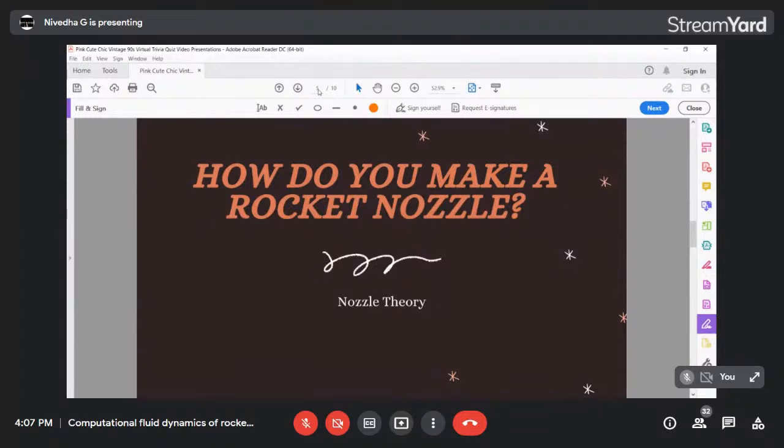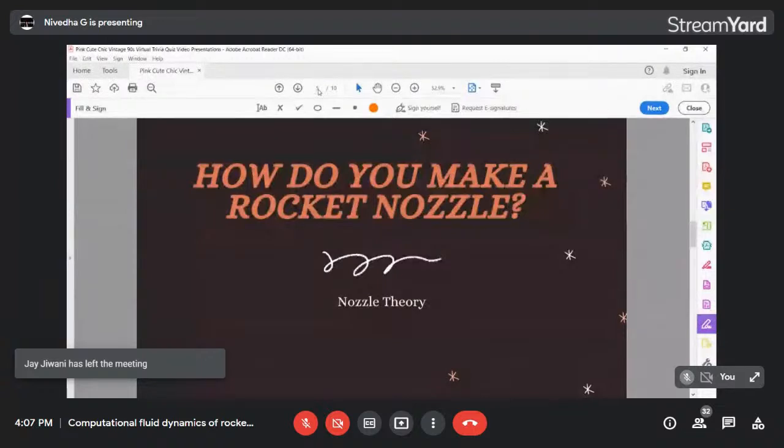To accelerate the combustion products to a high exit velocity. And you have to have the necessary geometric profile. For example, your throat, which I was talking about, which connects the convergent and the divergent portion, its Mach number should be equal to 1, which is also known as the choked flow condition, which will make the air accelerate to supersonic Mach numbers.